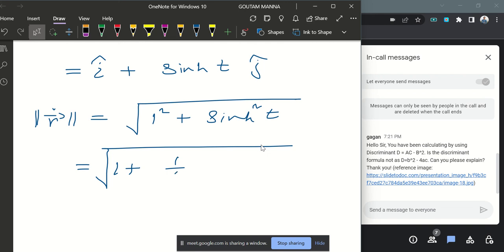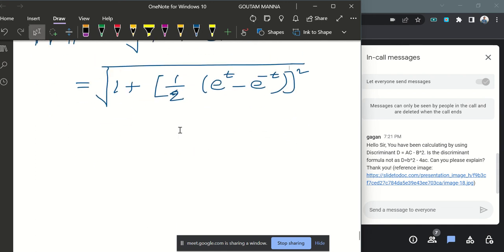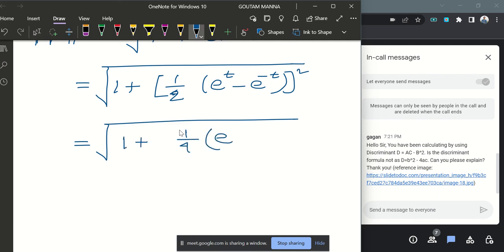So it is 1 plus (1/2 (e^t - e^(-t)))^2, which is 1 plus 1/4 (e^(2t) + e^(-2t) - 2).